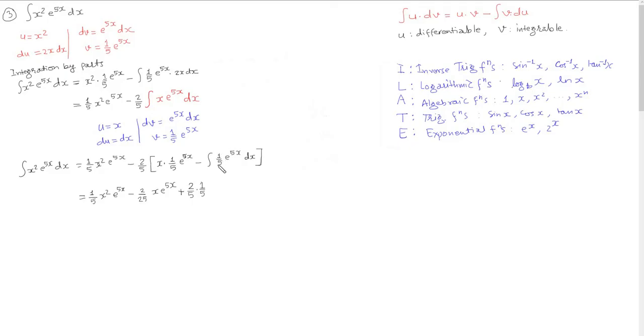So think that I have pulled this 1 by 5 out, and integration of e to the power 5x is 1 by 5 e to the power 5x, plus c, don't forget that. Then finally we get the answer: 1 by 5 x square e to the power 5x minus 2 by 25 x e to the power 5x plus 2 by 125 e to the power 5x plus c. So that's our answer.